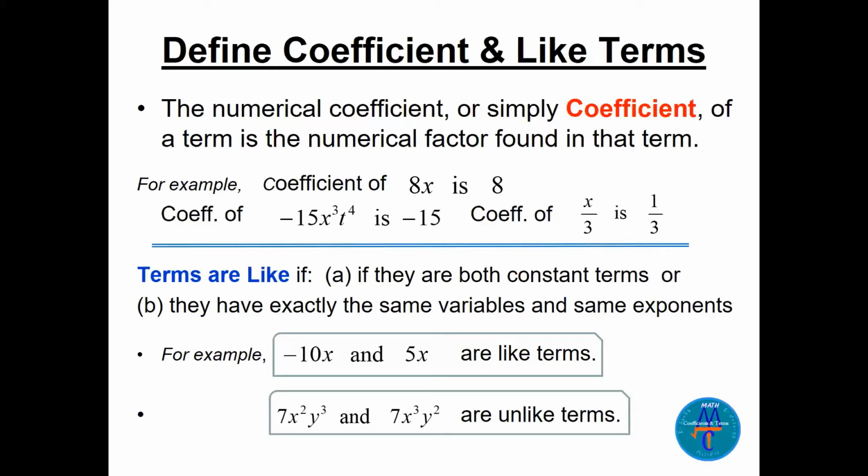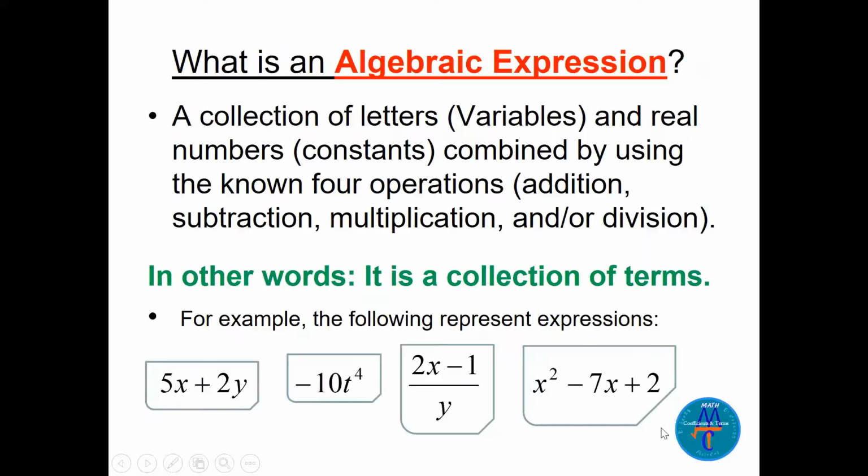Because like terms can be added or subtracted. Unlike terms, we cannot add, we cannot subtract. So minus 10x and 5x are called like terms. Why are these unlike? Because x squared, x cubed. At least one reason, different power.